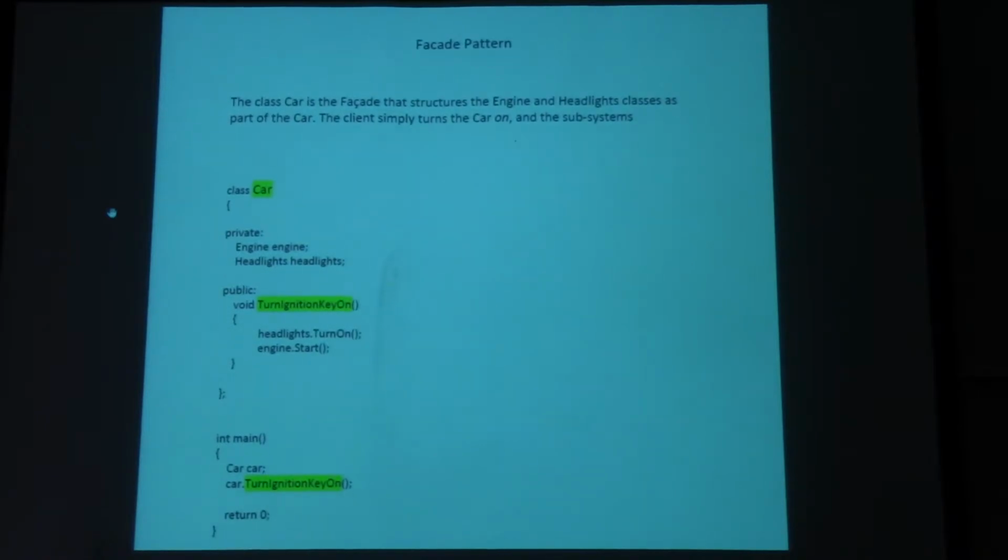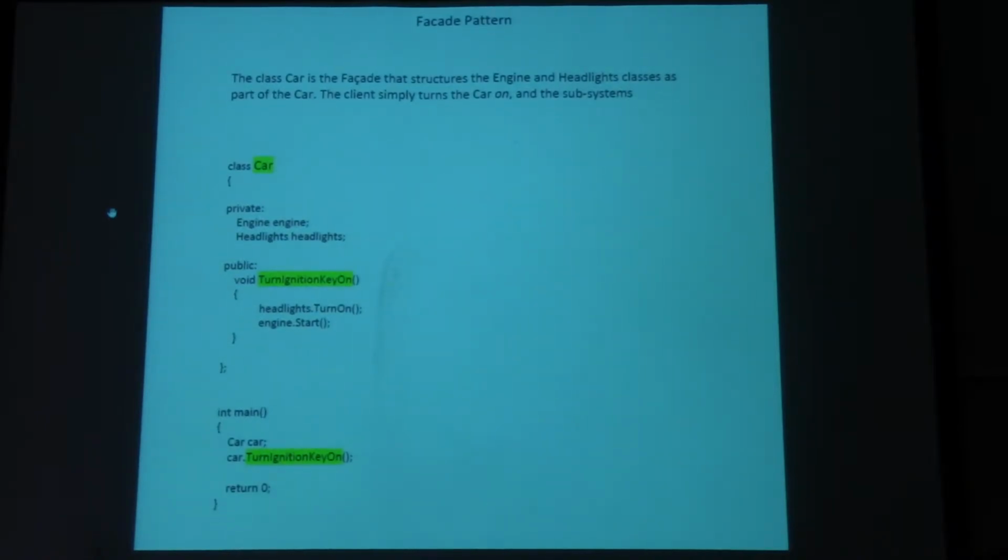So now, you're going to have a car. And so the car class essentially is a facade that structures the engine and headlight classes as part of the car. The client simply turns the car on and the subsystems go on automatically. So the car acts as a front end to the stuff that's hidden underneath it.